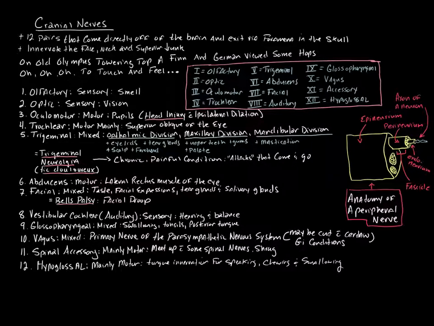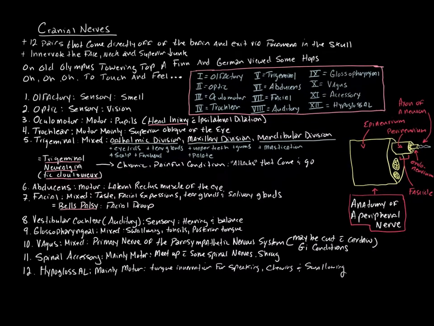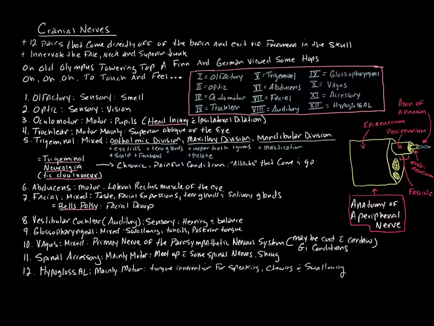All right, so what I want to talk about now is some of the nerves that come directly off the brain. These are known as the cranial nerves. You have one that comes out of each side of your brain, so we call them pairs of cranial nerves, right? We have 12 pairs that come directly off the brain and exit via foramina. Foramina are little holes.